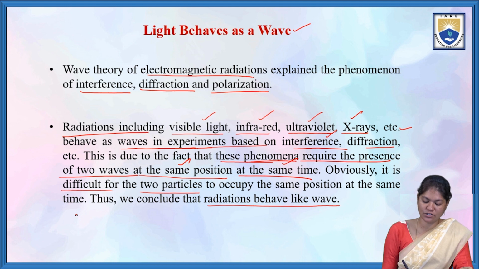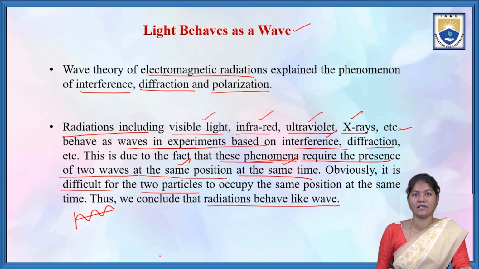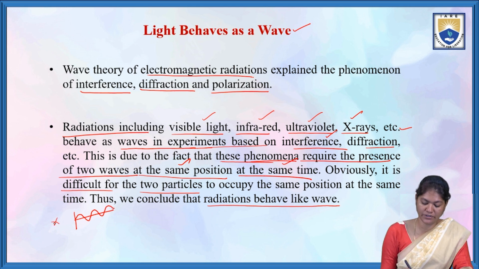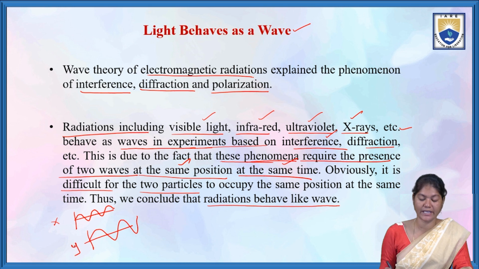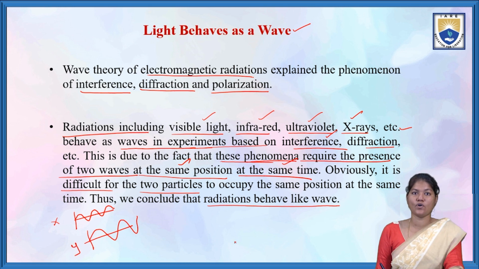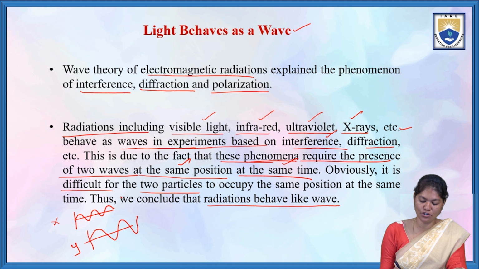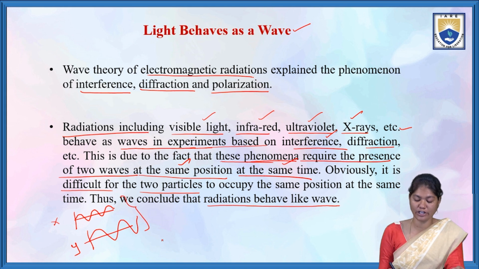Let us take a wave, this wave is x, and I'm also taking another wave, this is y. The intensity distribution of these waves, the modification of intensity distribution, could be different.